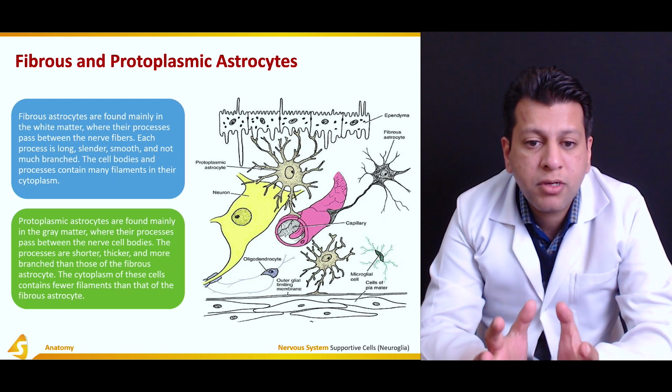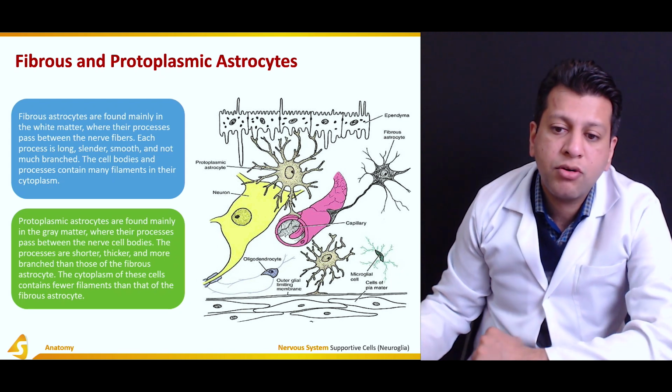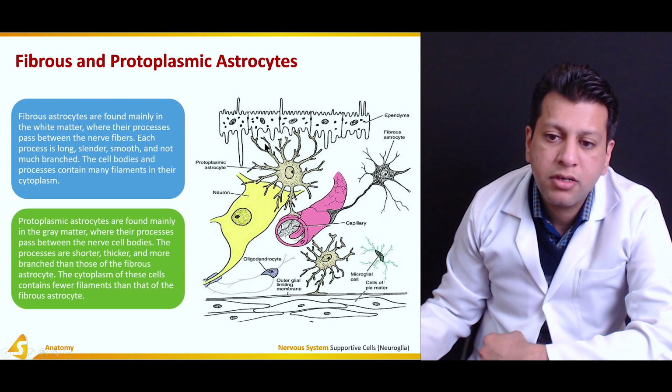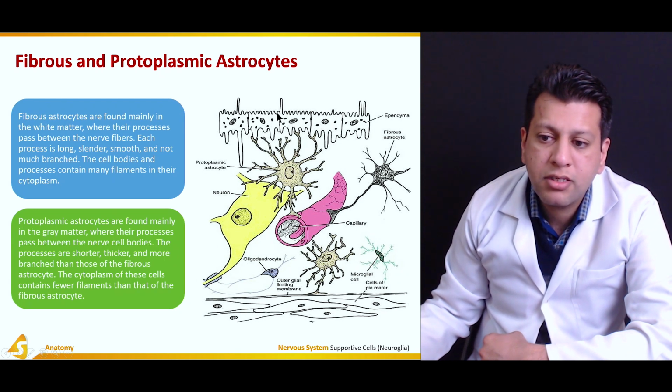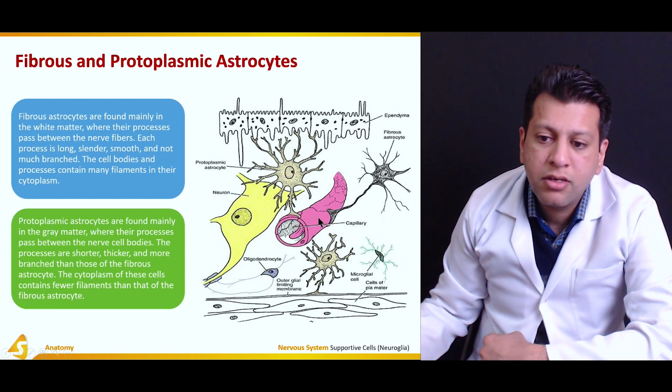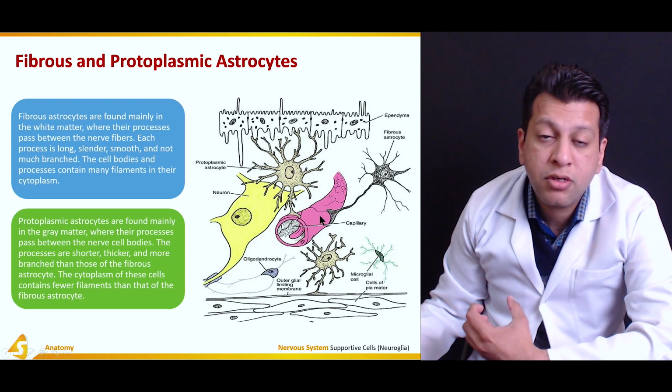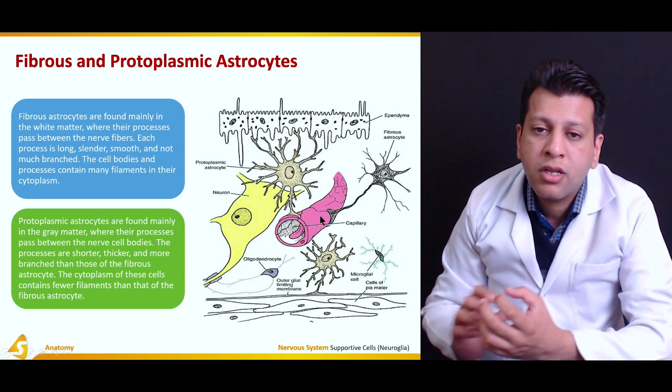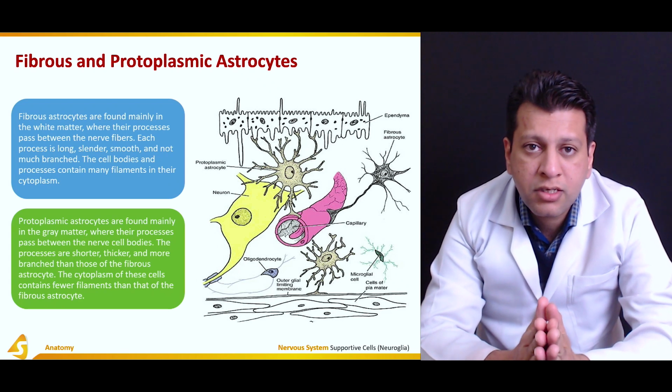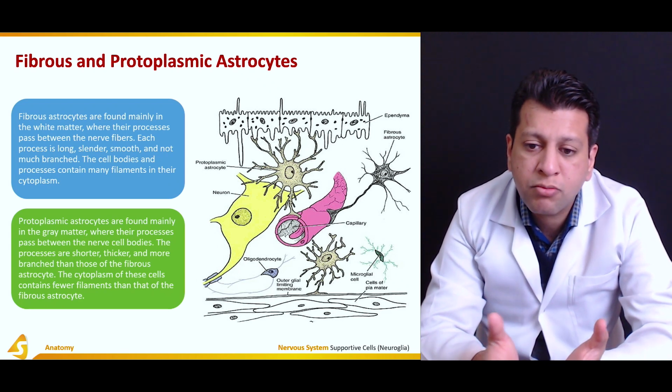As you can appreciate over here, this is a protoplasmic astrocyte, these are the ependymal cells, and this is a fibrous astrocyte. It is connecting to a capillary, providing a supporting framework so that the capillaries present inside the brain can nourish the brain structures properly.